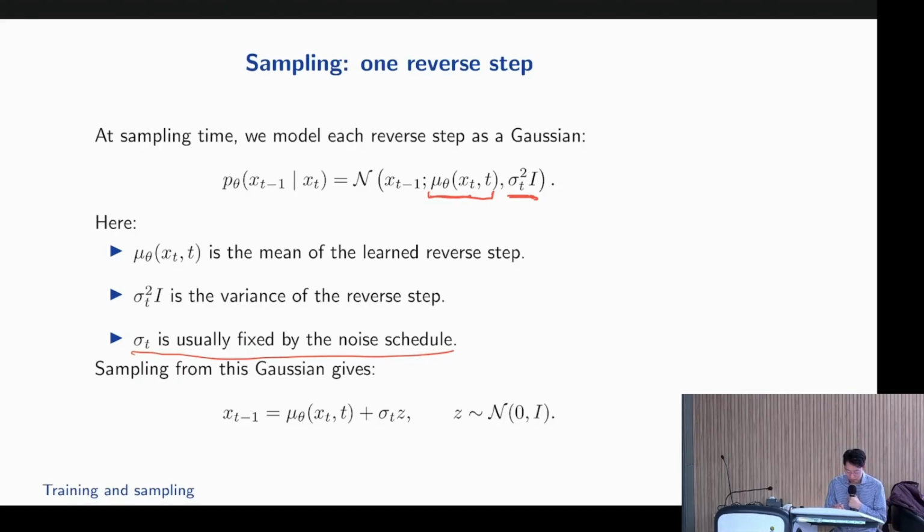So a sample xt minus 1 under this Gaussian model is the mean plus IID sample times standard deviation. This is how you sample from Gaussian distribution, right?